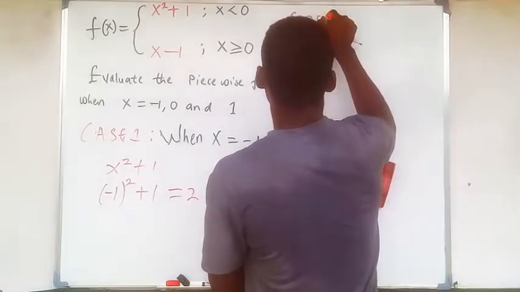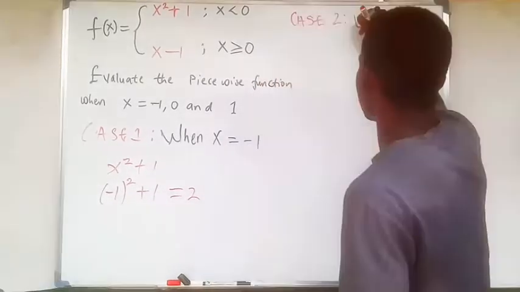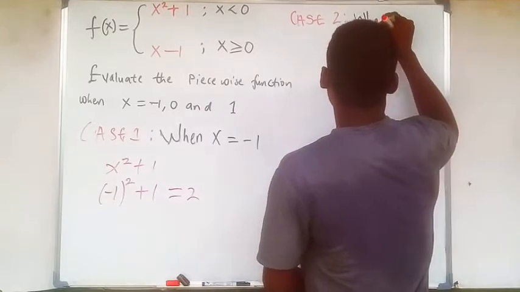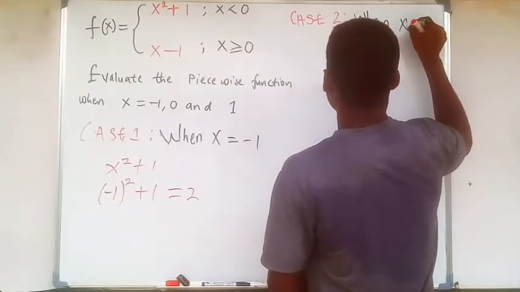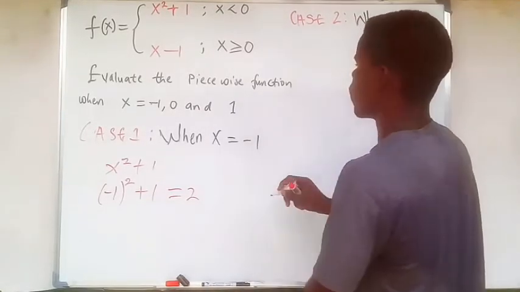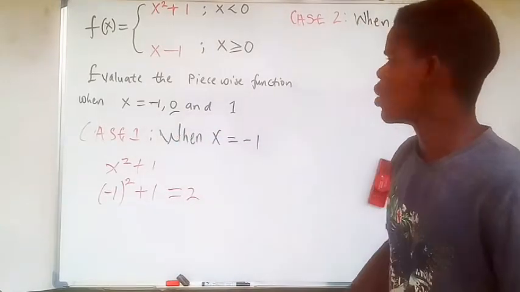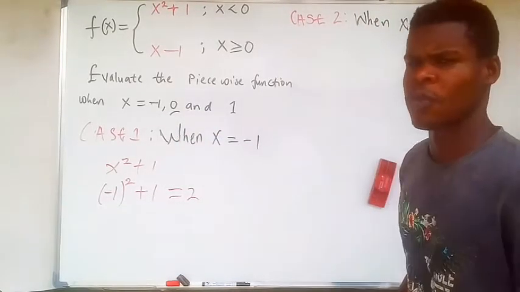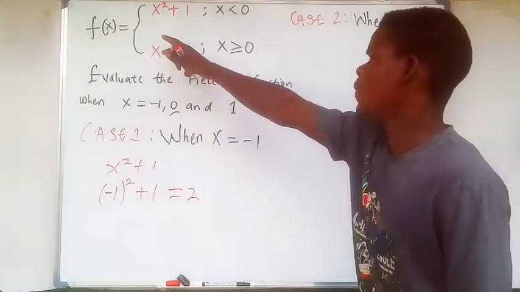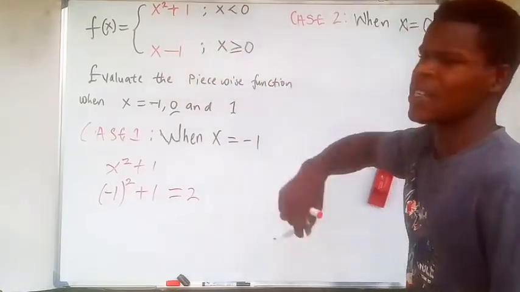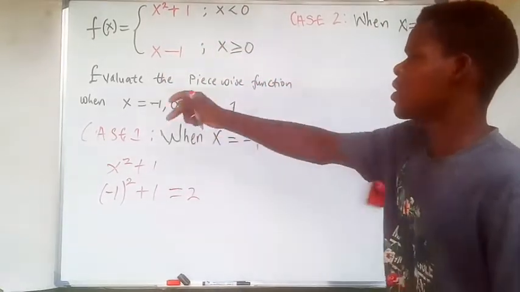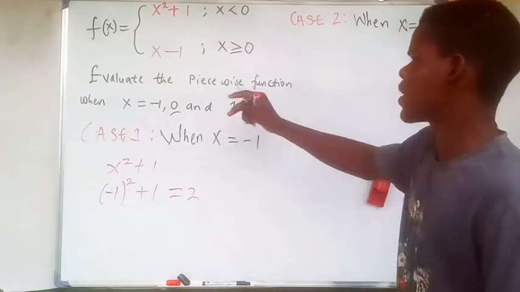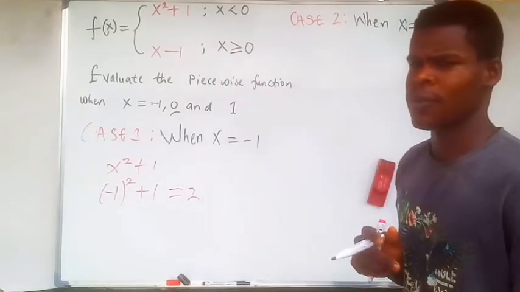Now for the second case, case number 2, when x is equal to 0. Okay, so when x is equal to 0, which of the functions are you going to make use of? Now look, here was x squared plus 1 when x is less than 0, and x minus 1 when x is greater than or equal to 0.